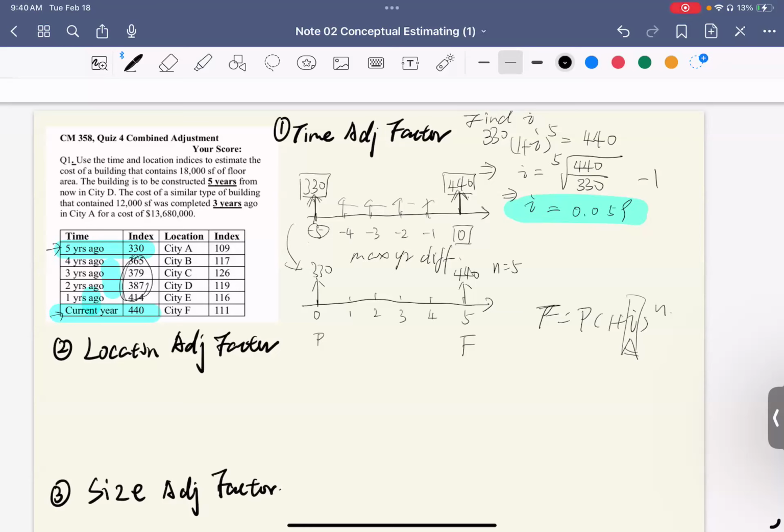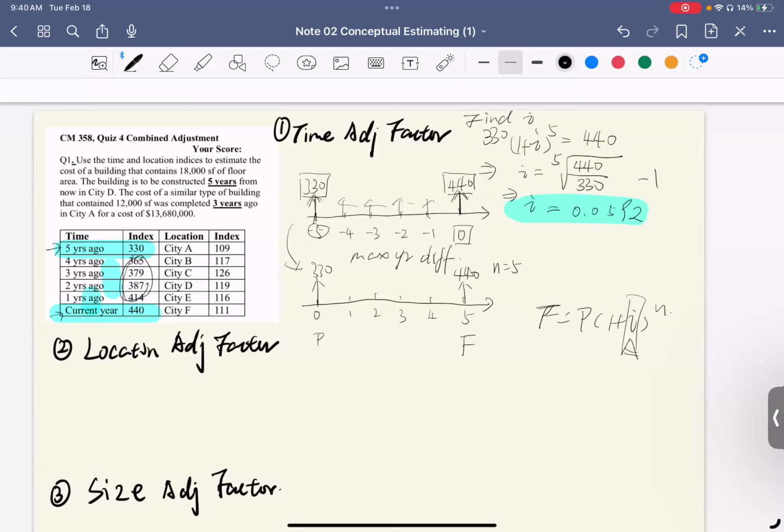So is anyone getting a different number for I? If you want to keep 4 decimal places, this number will be... I have a question. Go ahead.